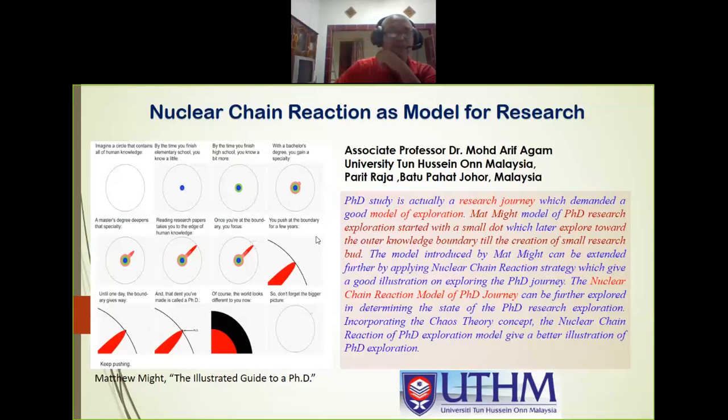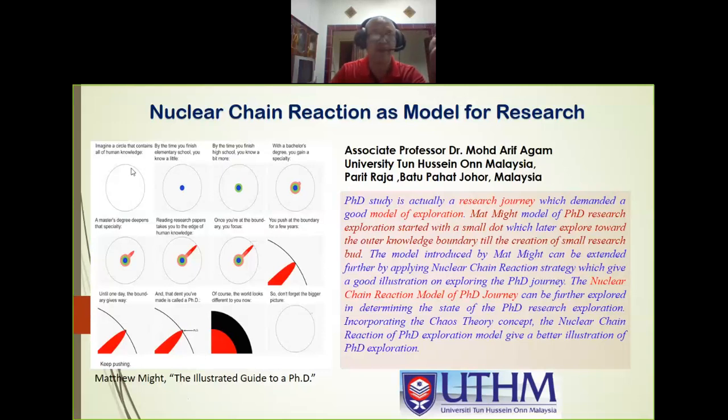Okay, so the best illustration that I've been looking into was given by Matt Mind. Okay, Matt Mind, he created an illustrated guide to a PhD.